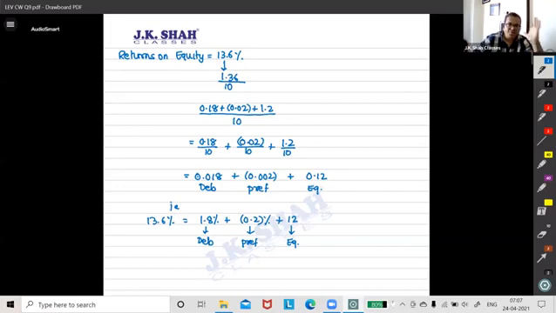Tell me, will earning per share increase? Yes or no? Yes, it will increase. Even just by changing capital structure, will the earning per share increase? Yes. Why? Because preference shares is taking away some money from your pocket. Because of preference, you are suffering.